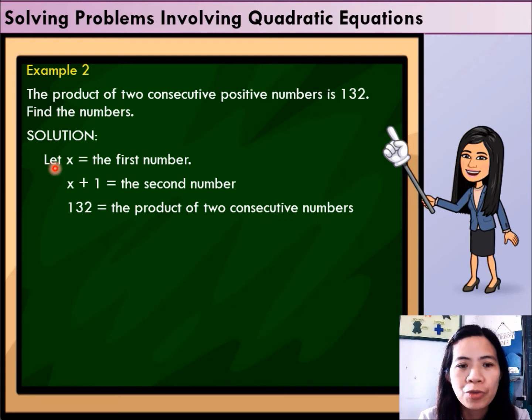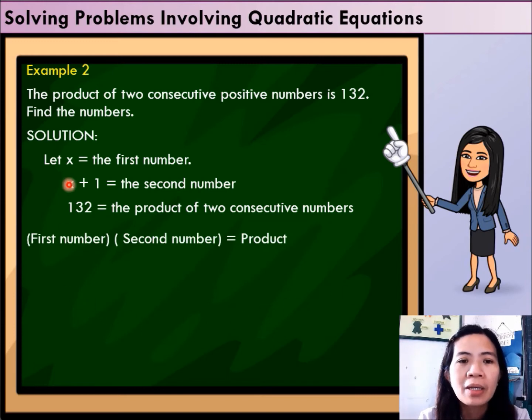From this expression, we are going to formulate our equation. What is our equation? It says that the product of two consecutive numbers, so we are going to multiply the first number and the second number, and then we have our product.